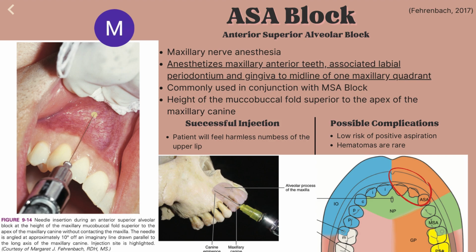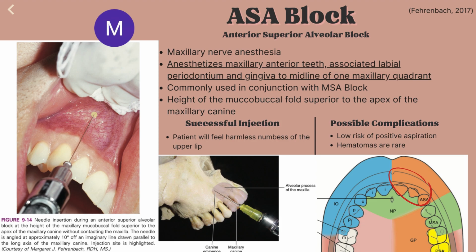And so now we're moving on to the ASA block, or the anterior superior alveolar block, which anesthetizes the anterior superior alveolar nerve and thus anesthetizes the maxillary anterior teeth and associated labial periodontium and gingiva to the midline within one maxillary quadrant. It's commonly used in conjunction with the MSA block instead of just using the IO block alone to anesthetize these teeth.